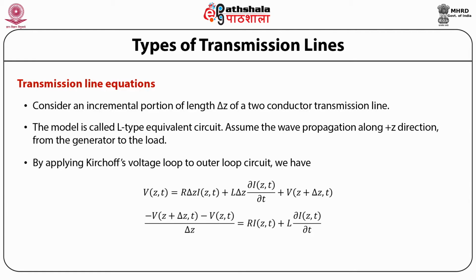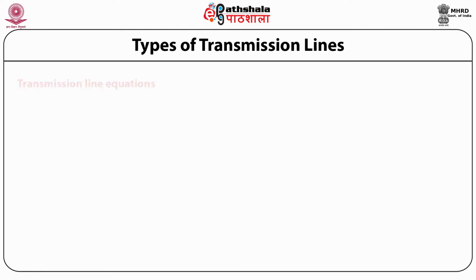So minus [V(z plus delta z,t) minus V(z,t)] divided by delta Z is equal to R I(z,t) plus L delta I(z,t) by delta t. Now taking the limit delta Z tends to 0, it leads to minus delta V by delta Z equal to R I plus L delta I by delta t.